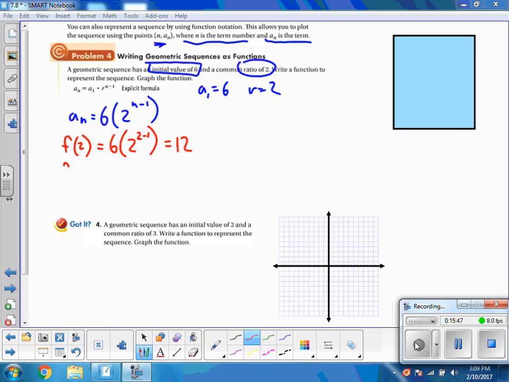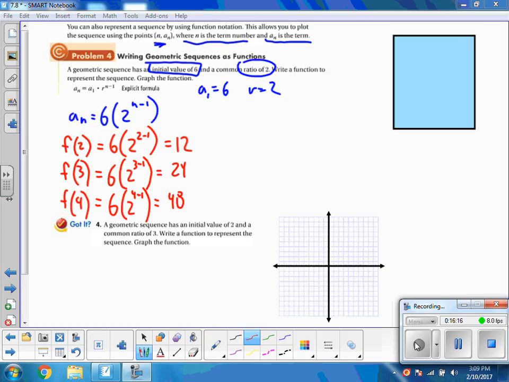I can try a function of 3, which is 3 minus 1. So 2 to the second power times 6, I end up with 24. And I do a function of 4. I'm basically getting a t-chart going here, so I can plot some points. That is 4 minus 1, I simplify that out, and I end up with 48.